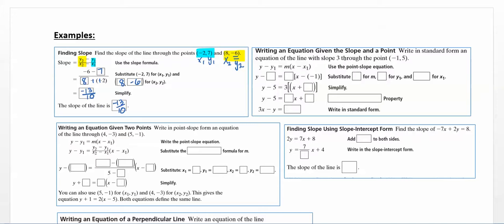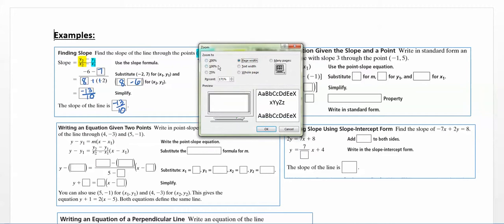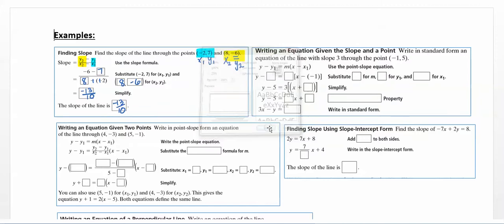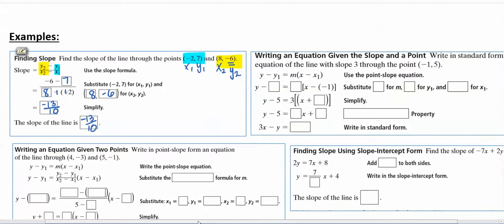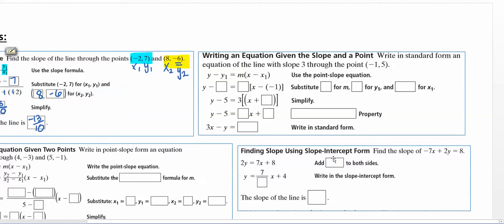Okay, moving over to this one right here. Let's zoom in just a little bit. So we're writing an equation giving the slope and a point.